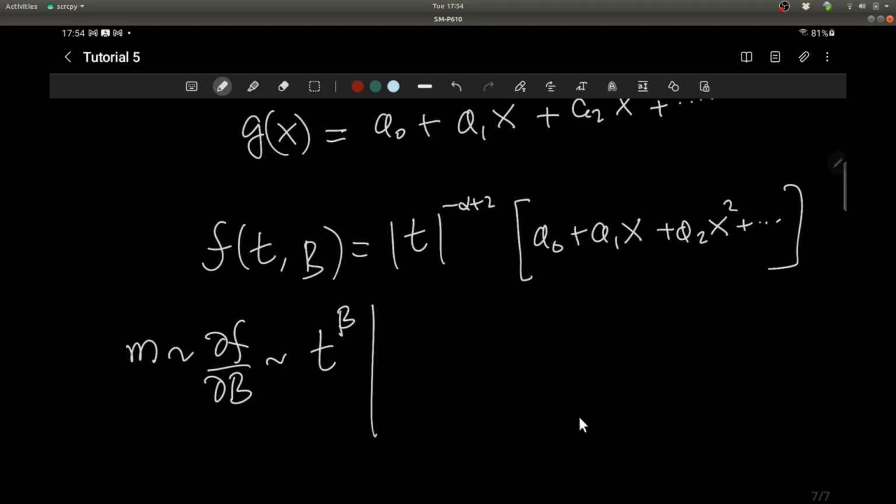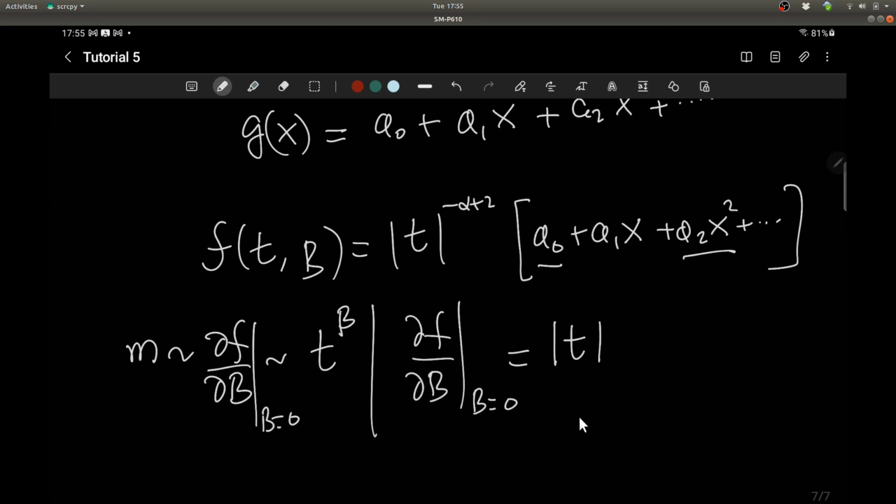We just have to take the derivative and then set b equal to 0 after this. So you can see here that the a0 term won't contribute. This will also not contribute because we'll put b equal to 0, so x goes to 0. So df by db, with b equal to 0, we'll have one term which is 2 times a1 into x, which is a1 by t power delta.